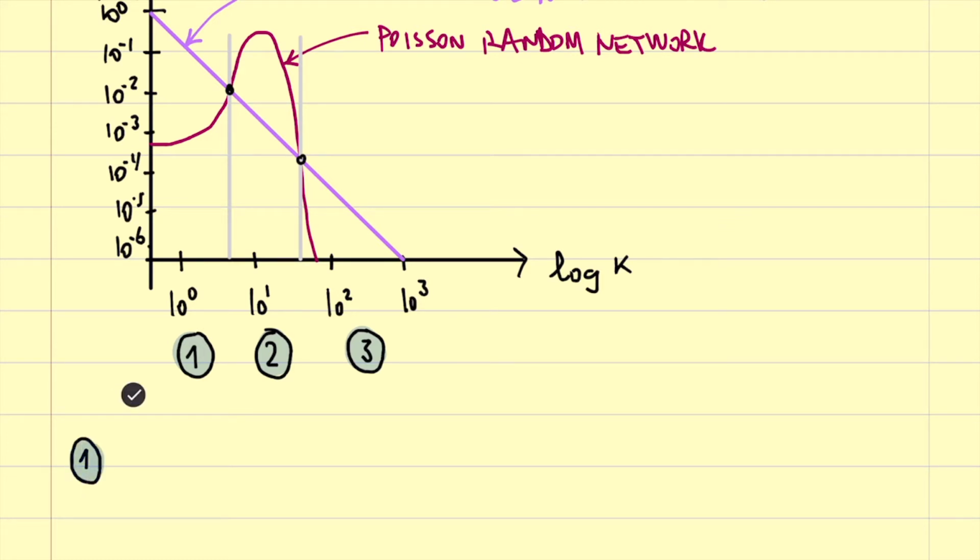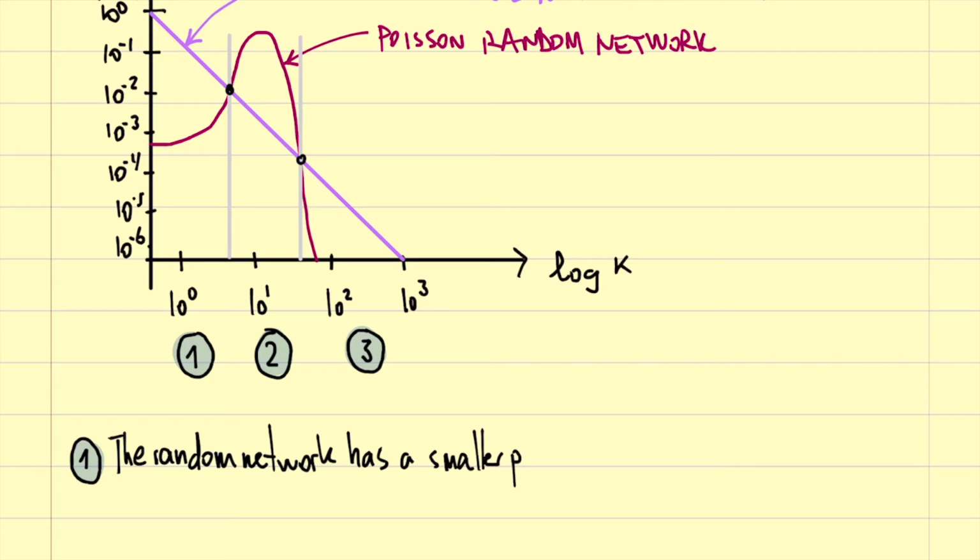In this area, first, the random network has a smaller probability than the real network.